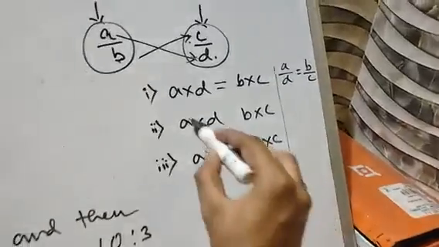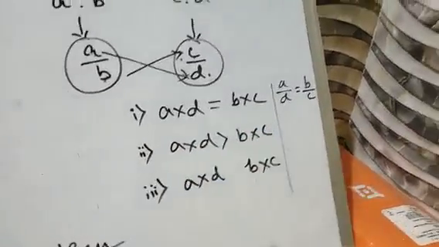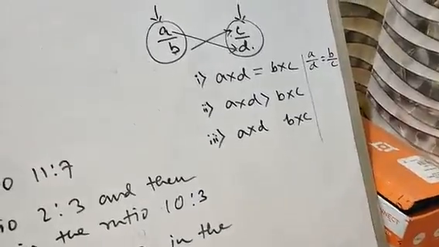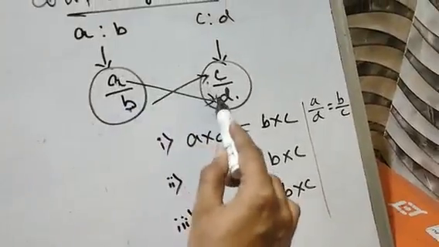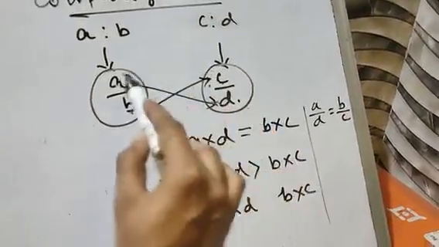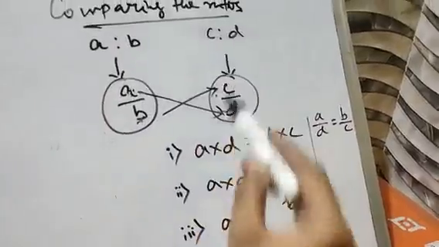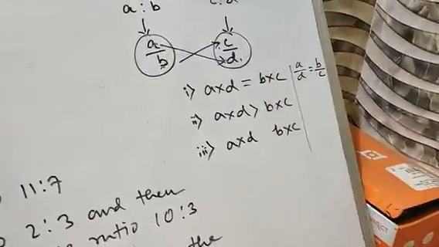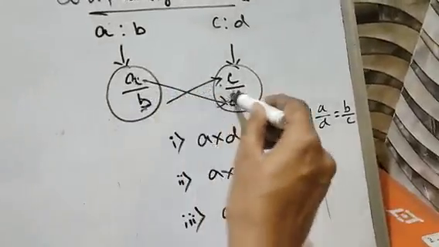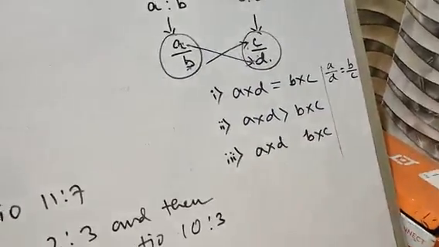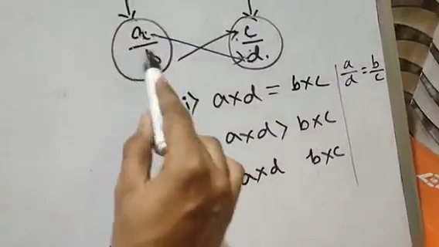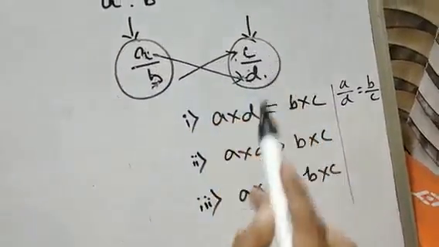Second case, if A into D is greater than B into C. You are multiplying A into D and B into C, and A into D is greater than B into C. Then which fraction will be greater? A by B or C by D?